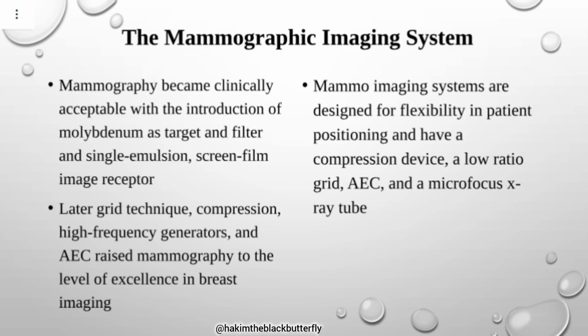We also use a grid in mammography, because you know the importance of a grid is to eliminate scatter. In mammography, we really need very good image quality. So these things should be done to bring out that quality.